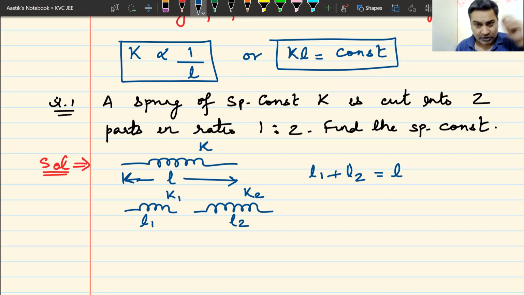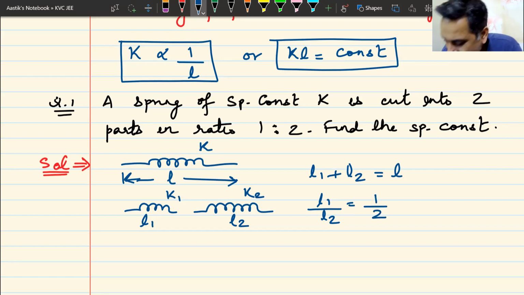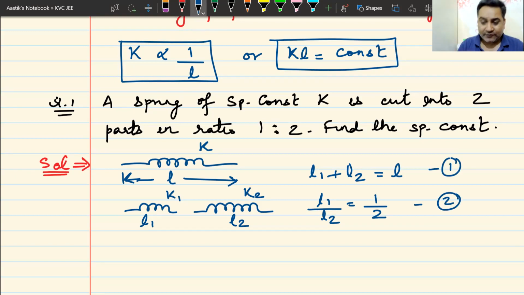Great. Also the ratio is given. So L1 by L2 is equal to 1 by 2. This is equation number 1. This is equation number 2. From here you can find out the value of L1 and L2. Can anyone tell me what is the value of L1?